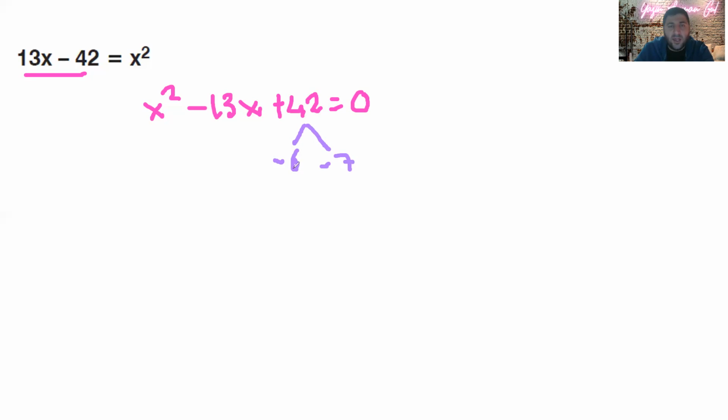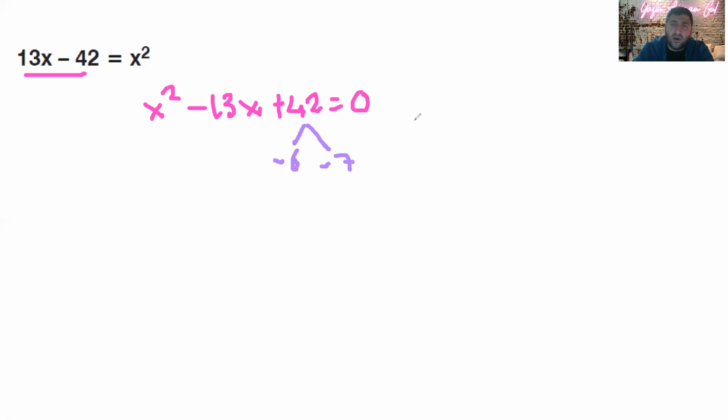Because negative 6 times negative 7 is positive 42. When we multiply, we get this, and when we add them together, we get the middle value, negative 13x. So negative 6 plus negative 7 is negative 13. These are my factors.